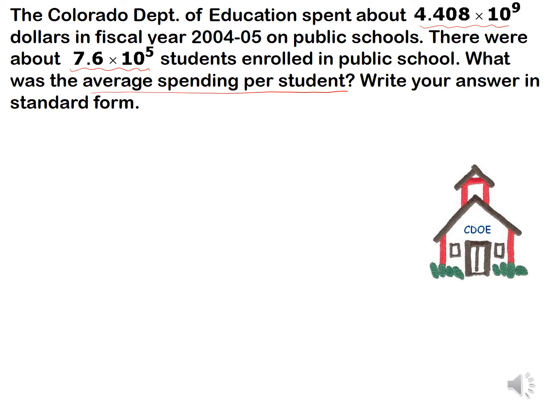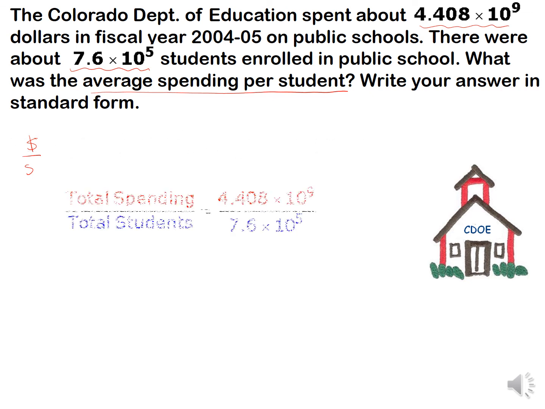In other words, they don't want it in scientific notation. So the first thing you're going to do is figure out, well, they want dollars per student. So to find the dollars per student, you divide dollars by students, okay? And so you do this.